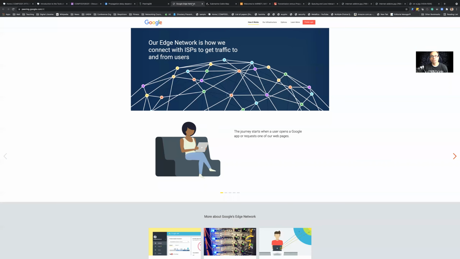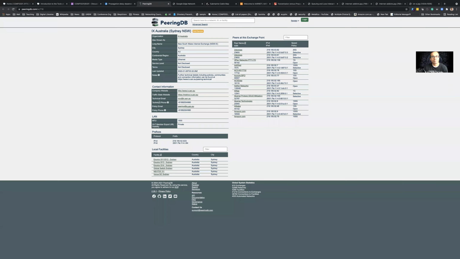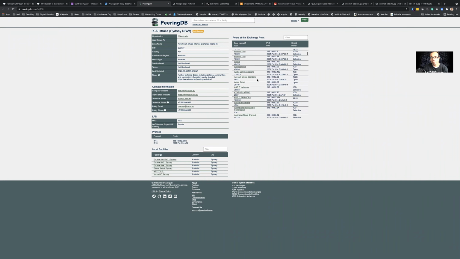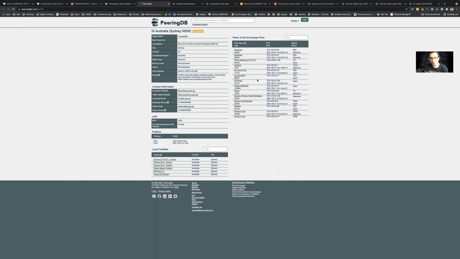The other thing I might show you is this IXP. I remember in the picture earlier, I showed you these internet exchange points where multiple networks actually peer with each other. So this is an IXP located here in Sydney, and you'll see that a lot of networks are actually interfacing there, right?